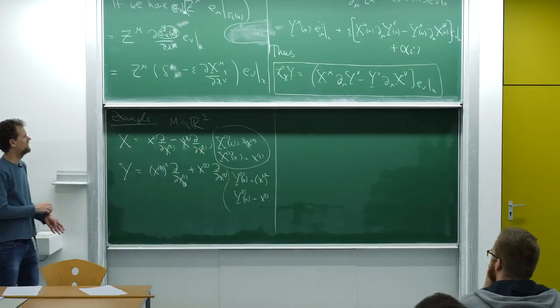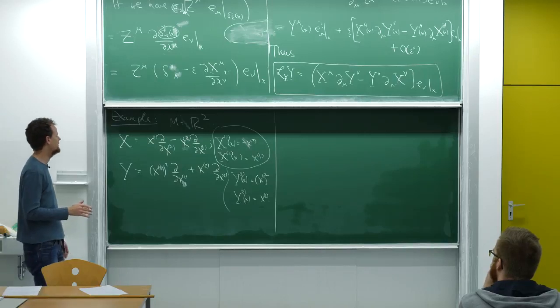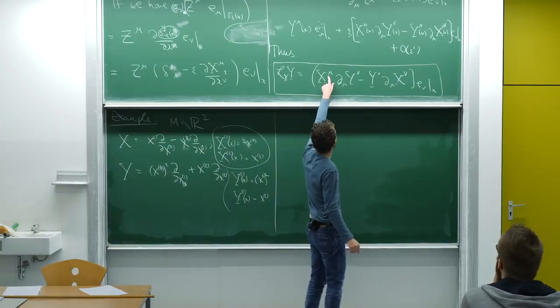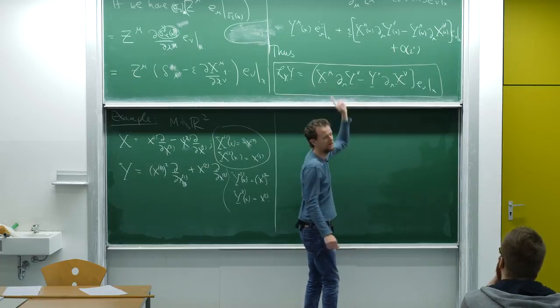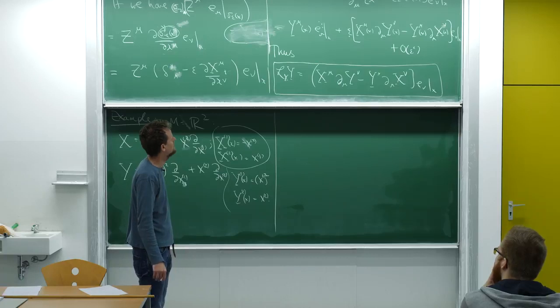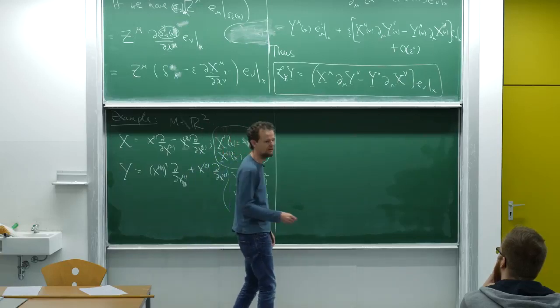And now we have a couple of derivatives to do, so let's start doing them. In total we need four objects, right? Mu can run over 1 and 2, and nu can run over 1 and 2. So we're going to need 8 little calculations that we're going to need to do.